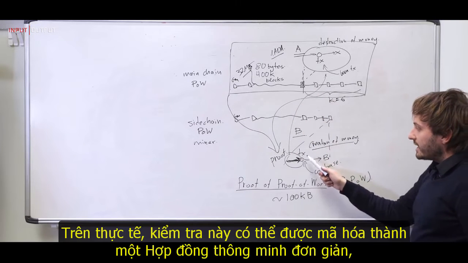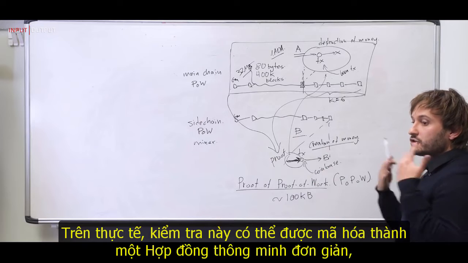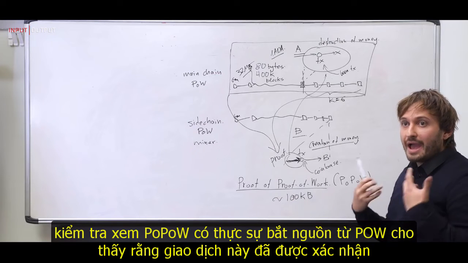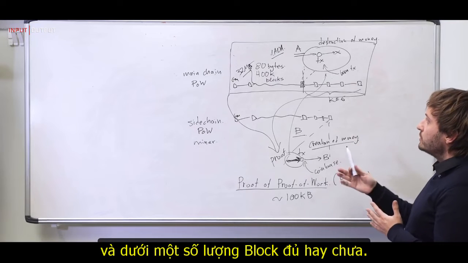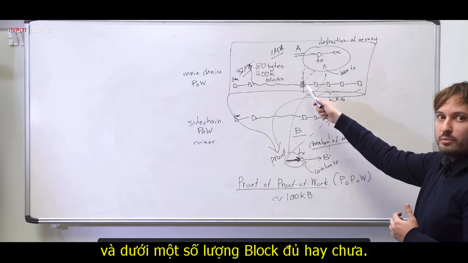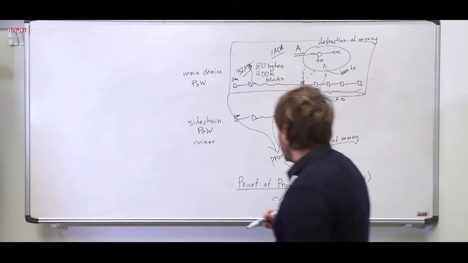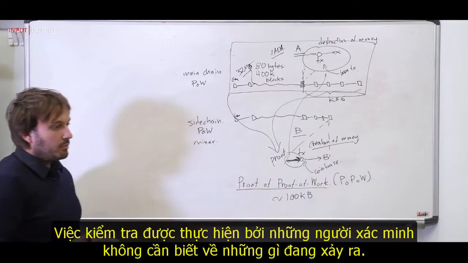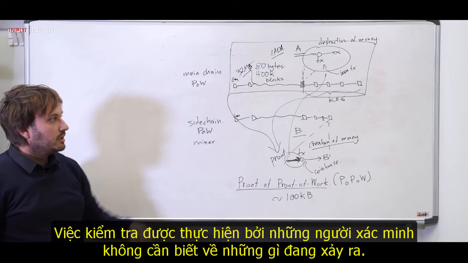In fact, this check can be encoded into a simple smart contract that says, check that the proof of work actually captures some proof of work that shows that this transaction was confirmed and buried under a sufficient number of blocks. So these are checkable by verifiers that don't have any idea what is going on here.